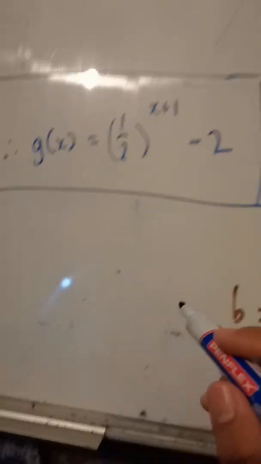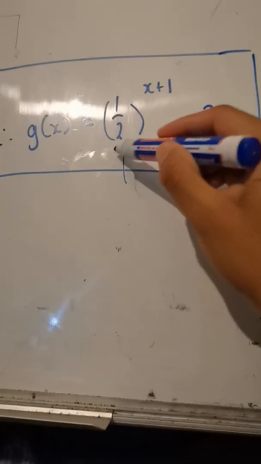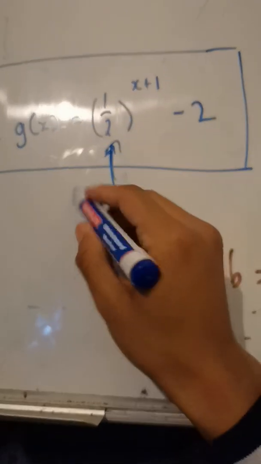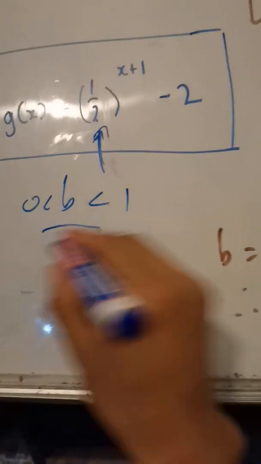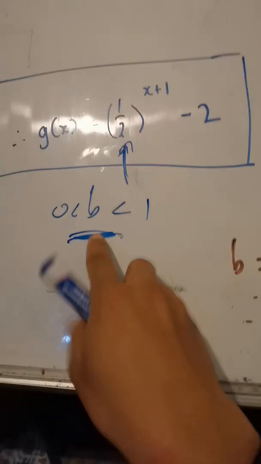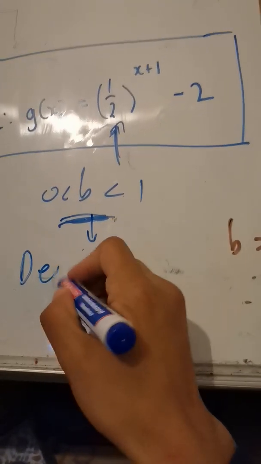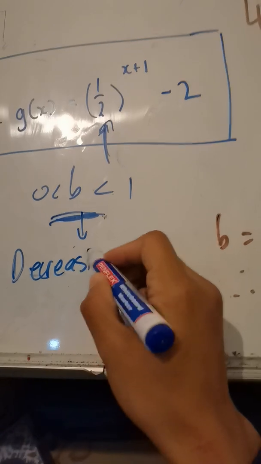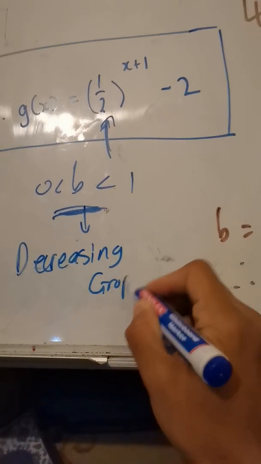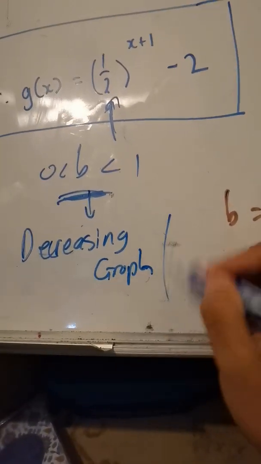Just want to make a note that, do you see that b is a fraction, meaning b is more than 0 and less than 1? And we know this, that if b is more than 0 and less than 1, we have a decreasing exponential graph.